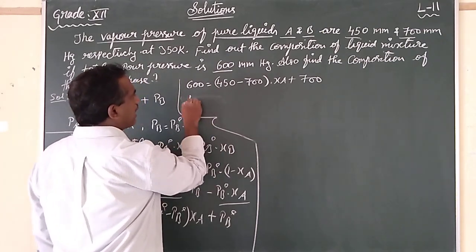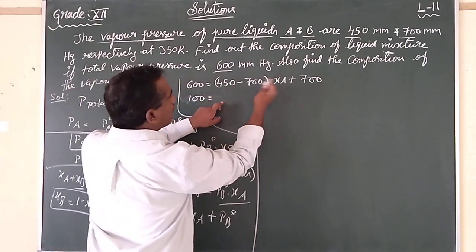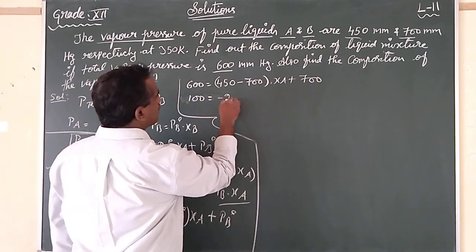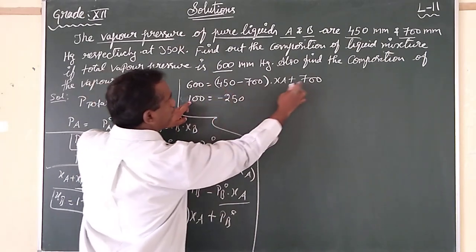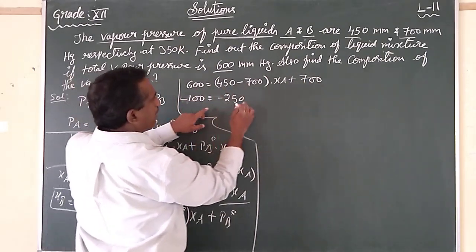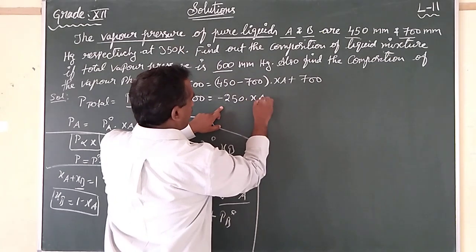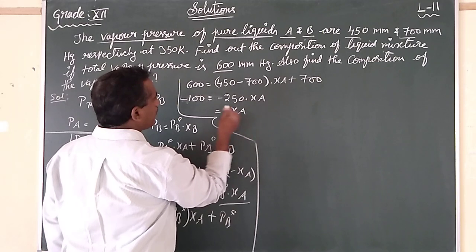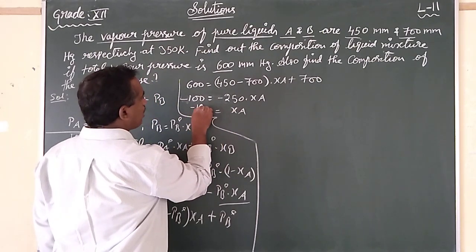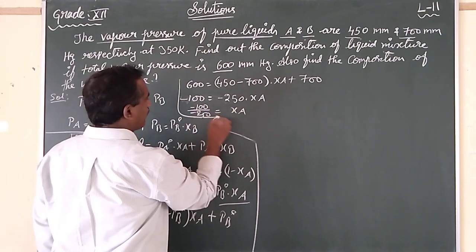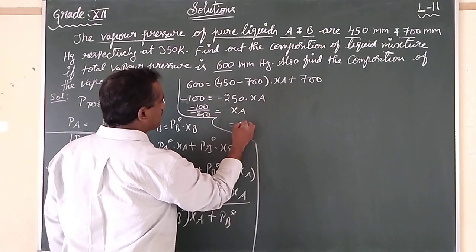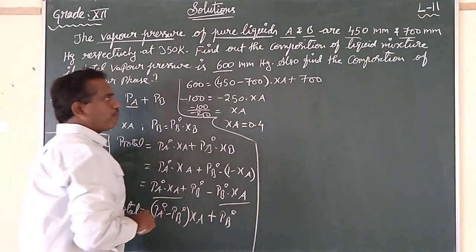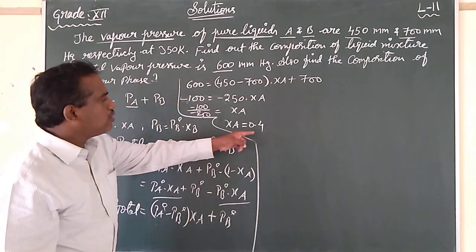So minus 100 is equal to 450 minus 700, which is around minus 250, into XA. If you want the XA term, we can write this as minus 100 by minus 250, or simply XA is equal to 0.4.